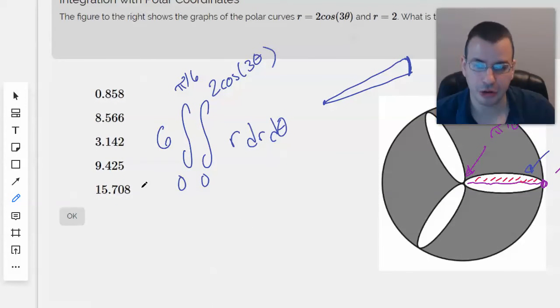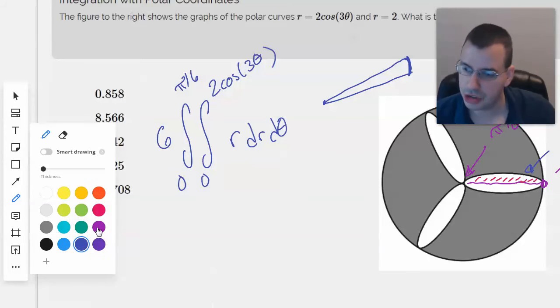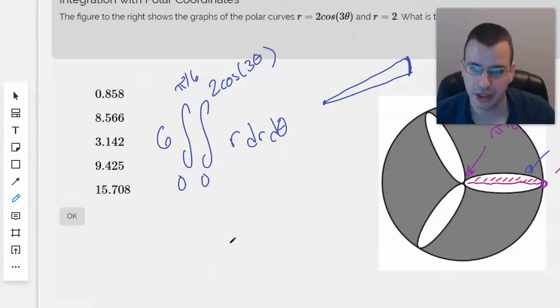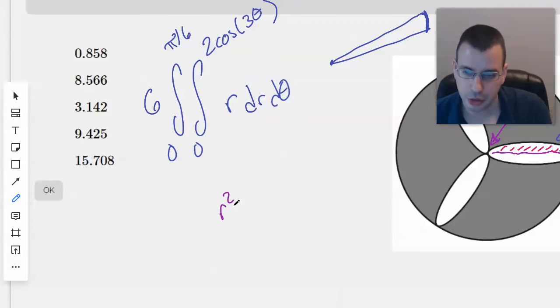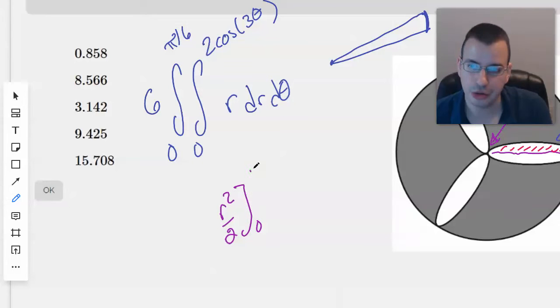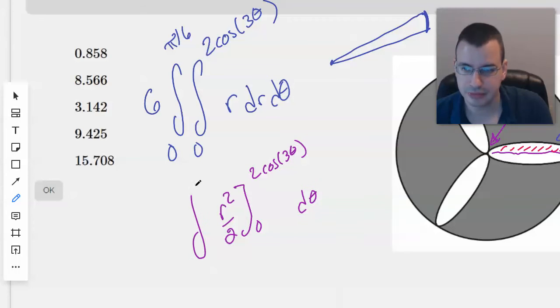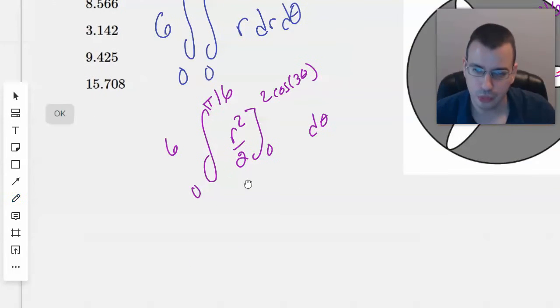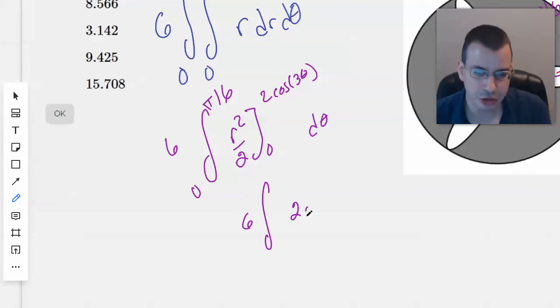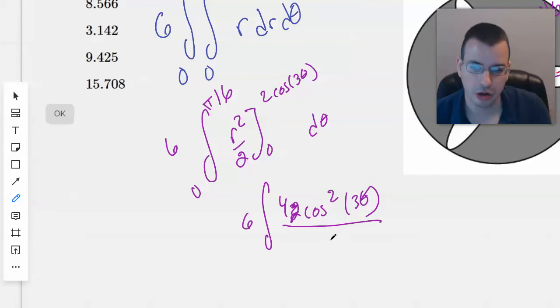So the integral of r with respect to r would be r squared over 2. So we're left with r squared over 2 from 0 to 2 cosine 3 theta d theta, from 0 to pi over 6, which then gives us 6 times the integral of 4 cosine squared 3 theta all over 2 d theta.